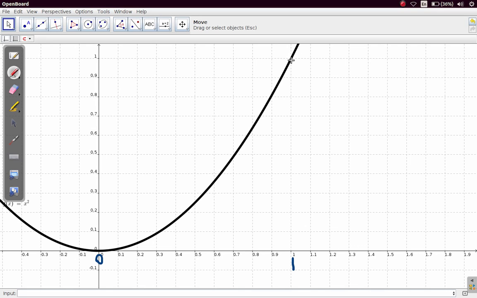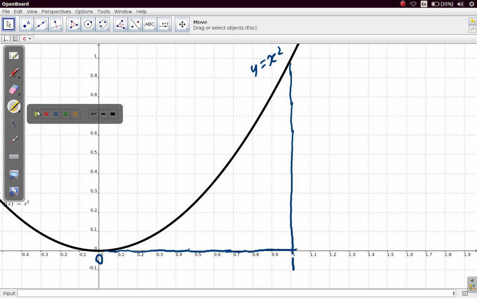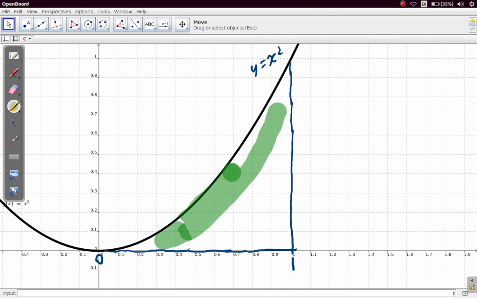The area that we're going to find is bounded by the line x equals 0, the line x equals 1, the curve y equals x squared, and this part of the x-axis. The area that we want to find is therefore this area under here.